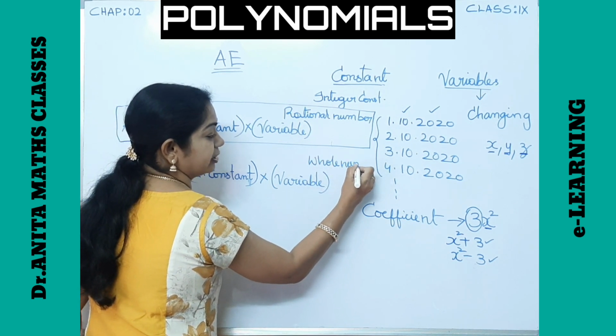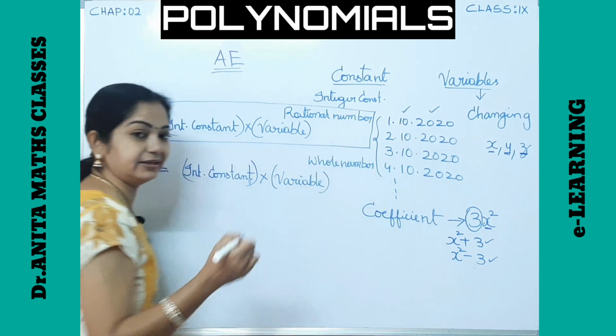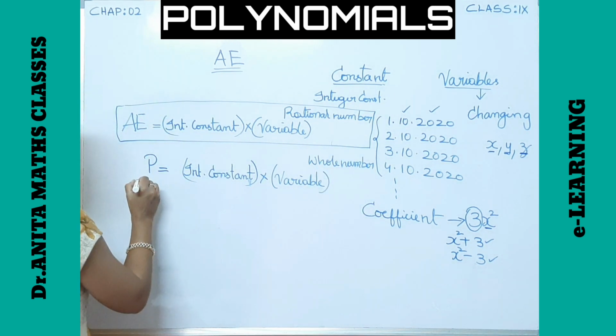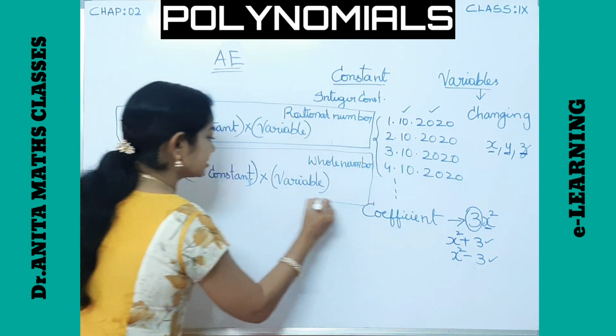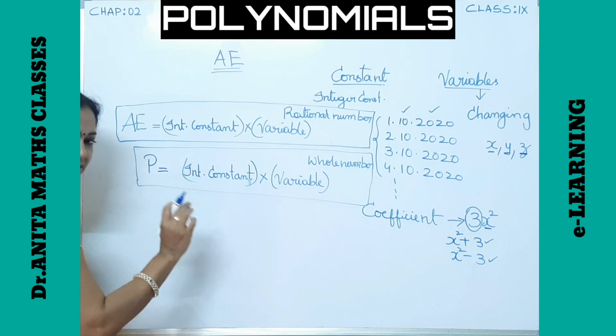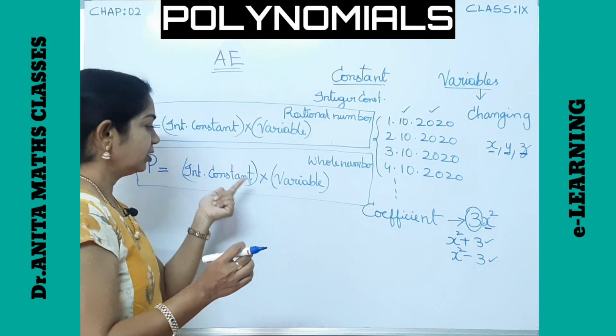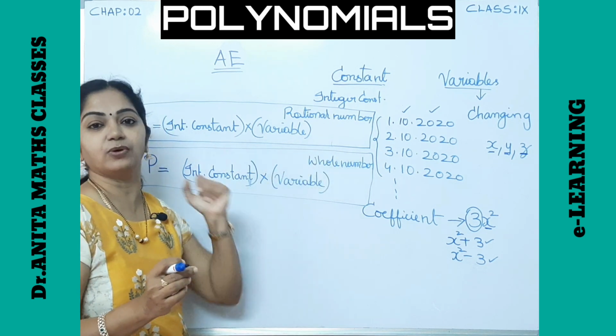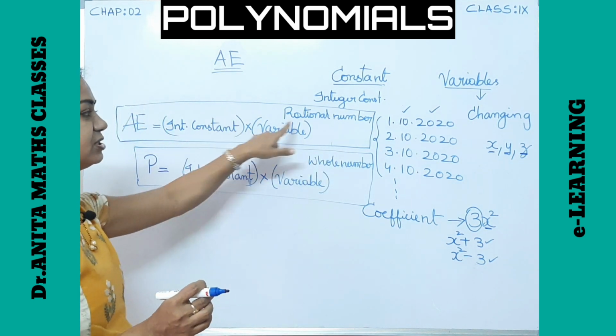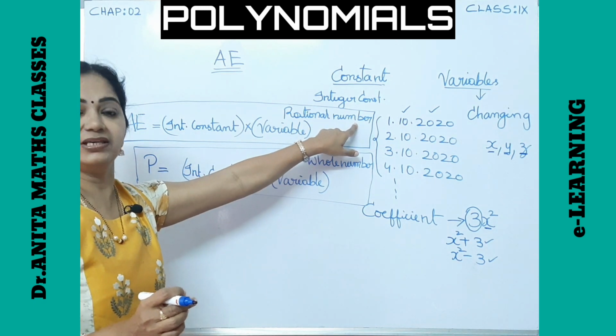Here, this point you need to understand clearly. I am telling that a polynomial has some constant, some number, an integer constant, here it is the coefficient, into variable raised to the power of a whole number, whereas in an algebraic expression the power is a rational number.